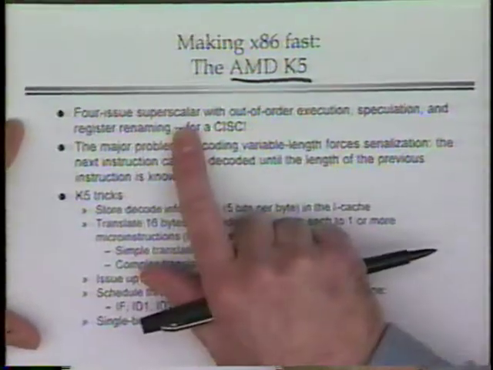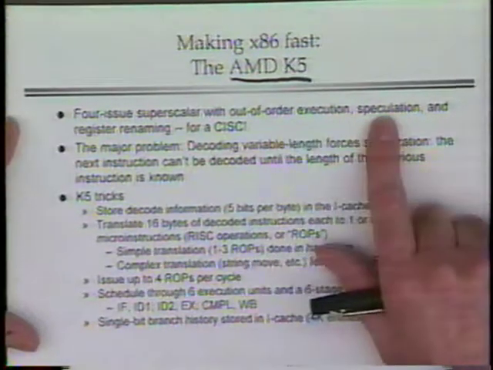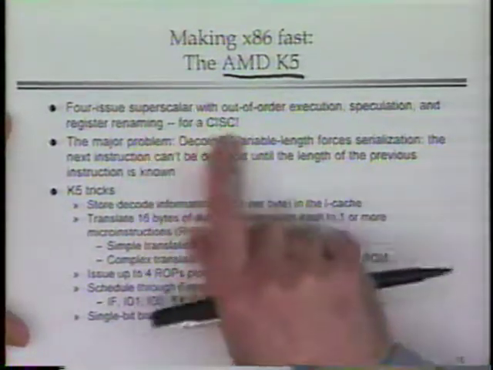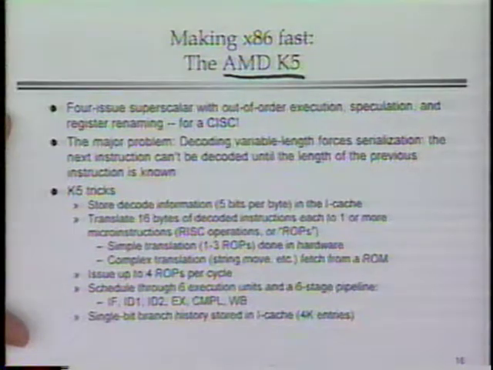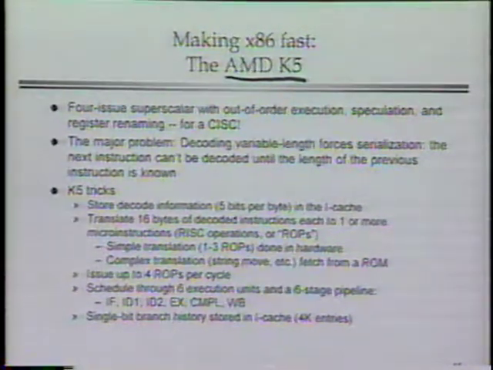It's a 4-issue superscalar, it has out-of-order execution, it does speculation, it does register renaming, and it does all of that for the complex instruction set, which is the x86. It's actually pretty amazing. And Intel, in fact, just last week, David was telling me at the ISSCC conference, announced their P6, which is a comparable machine that has comparable ideals for performance on this instruction set.